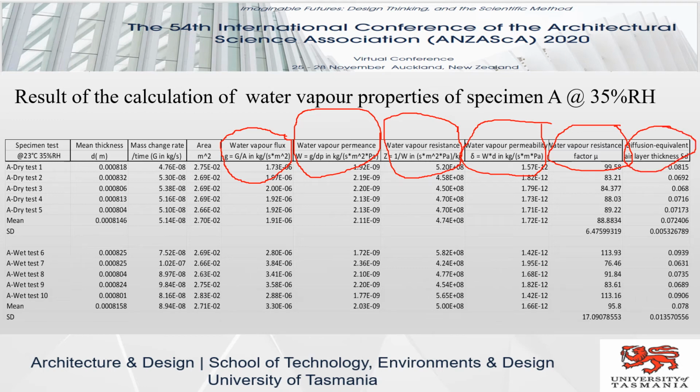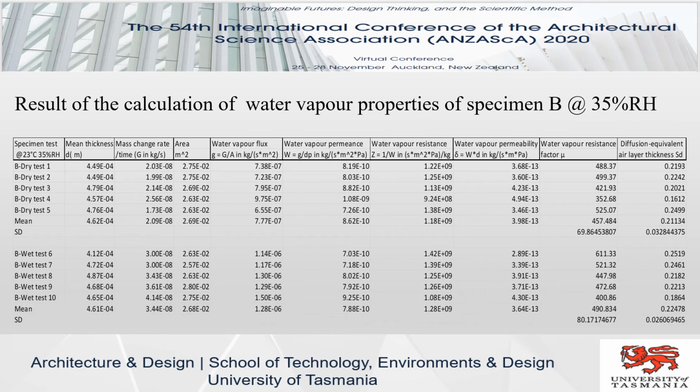All these values make up the water vapor resistivity properties. However, it is important to point out that the water vapor resistance factor and diffusion equivalent air layer thickness are required for hygrothermal simulation.